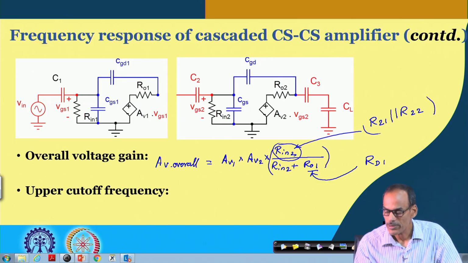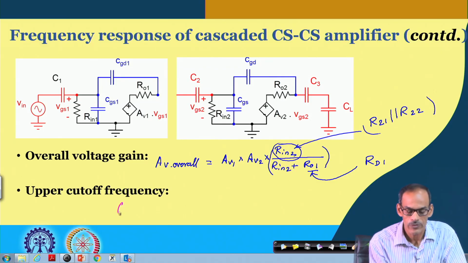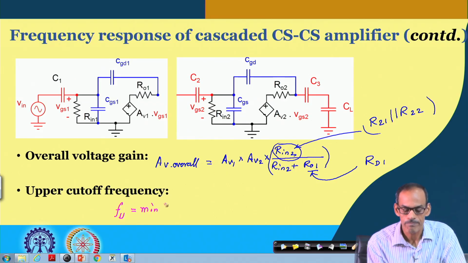And the upper cutoff frequency. If we write it in the unit of hertz, Fu is the minimum of the two candidates. One comes from Cin2 and the resistance at the cascading node.